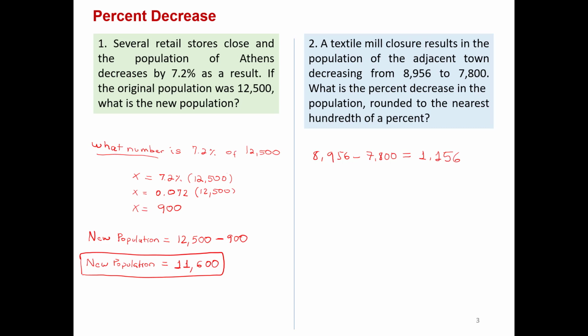Now to calculate the percentage, we need to calculate it based on the original population, which is this one. What we want to know is what percent of 8,956 is 1,156.